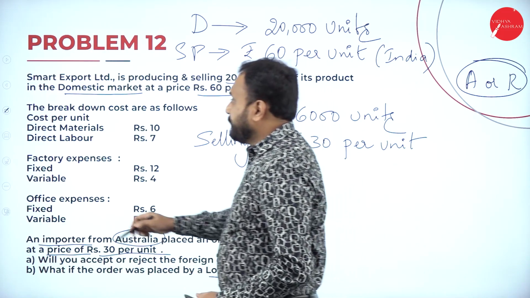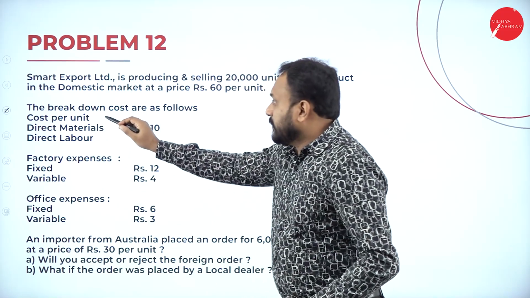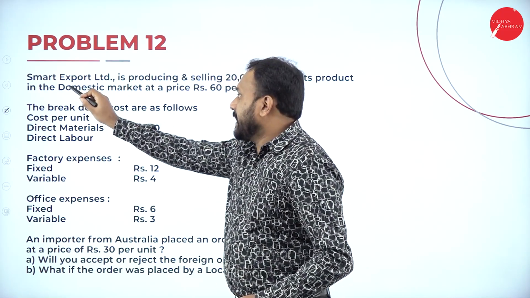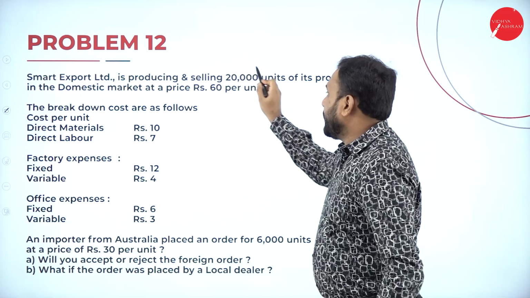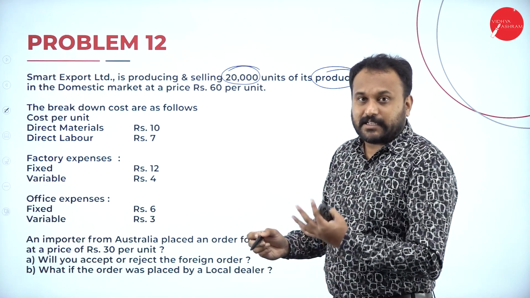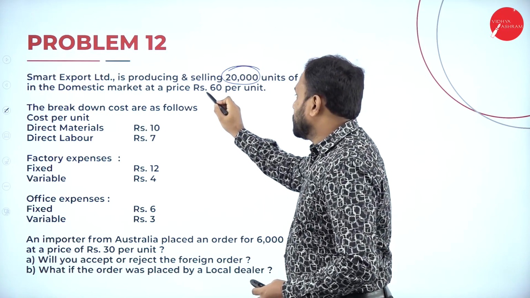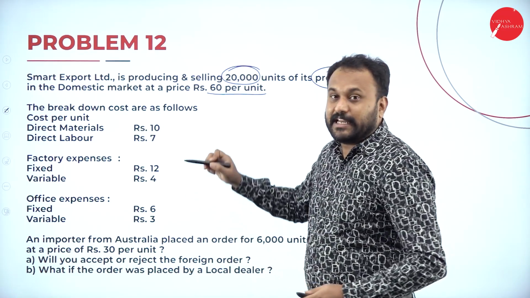Now let me erase everything for you. Done. The problem is here. Smart Export Limited is producing 20,000 units of its product, we don't know what exactly the product is, in the domestic market at a price of 60 per unit. So selling at 60.